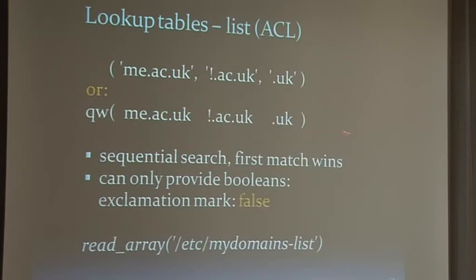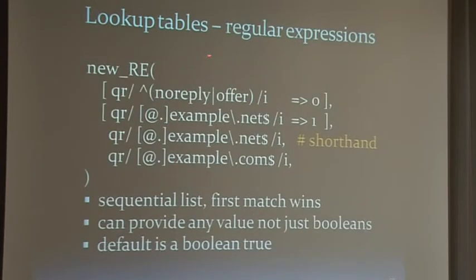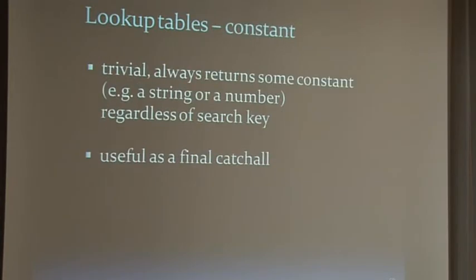If nothing matches, it falls through, and you get a false at the end. Regular expression is also a list, but this time not plain strings but regular expressions, and it can also provide any value as a result. And there is the last one, which is not really a lookup table, but behaves as one. It gives the same result regardless of the search key.